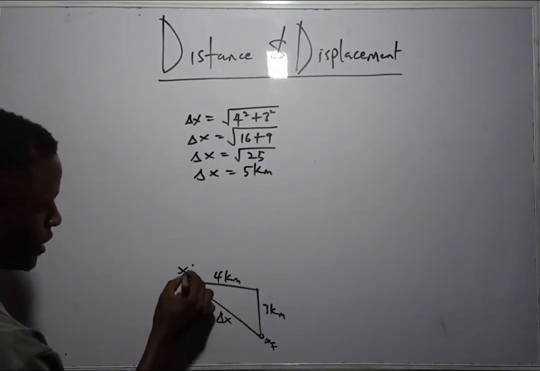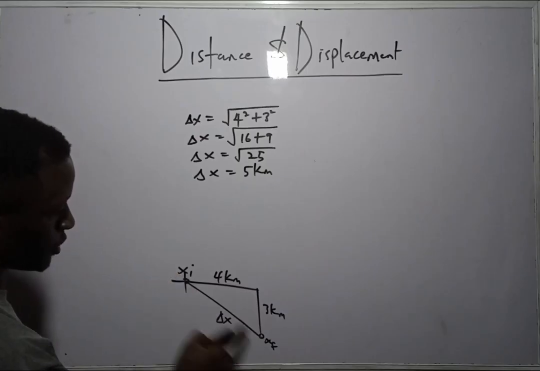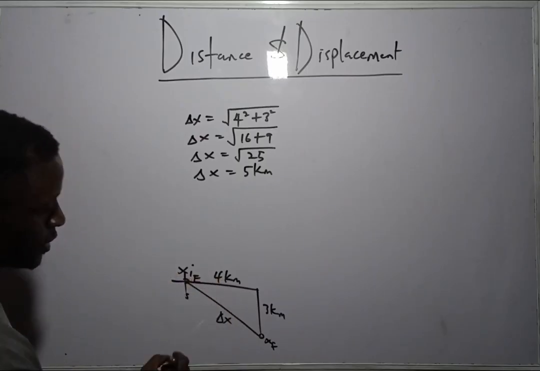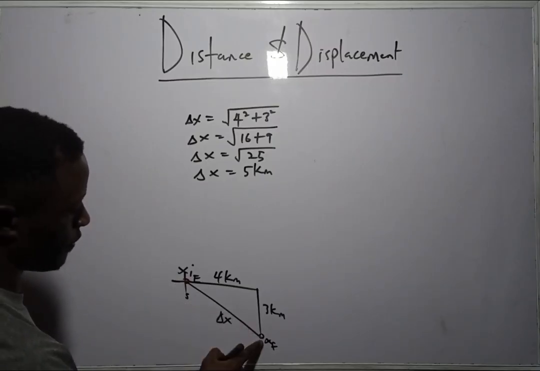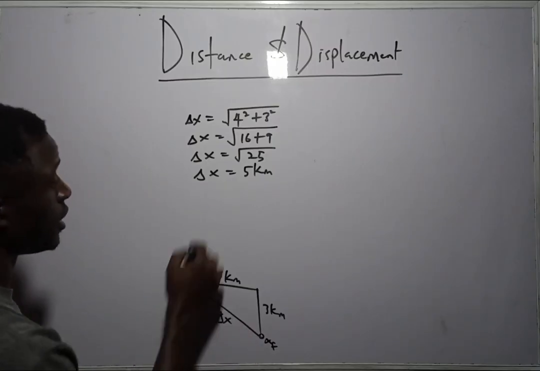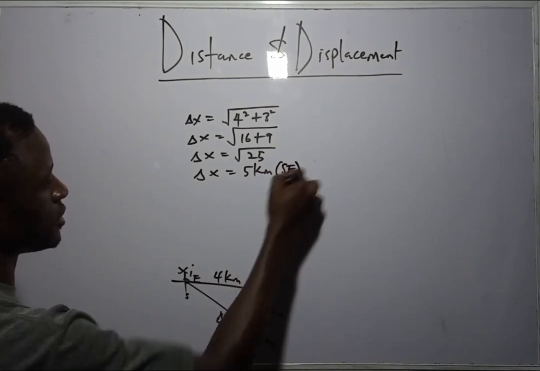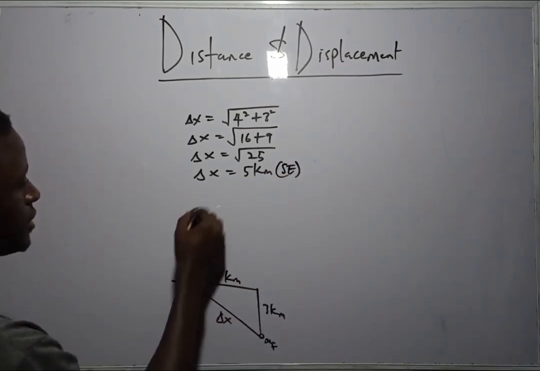But in this case, since this is the initial position and this is the final position, and this is south, this is east, it means that the displacement from the starting point to the final point is going to be in the southeast direction. So what about the distance?